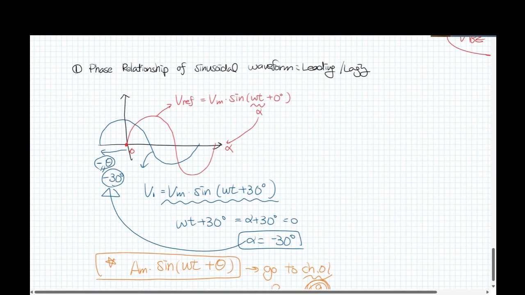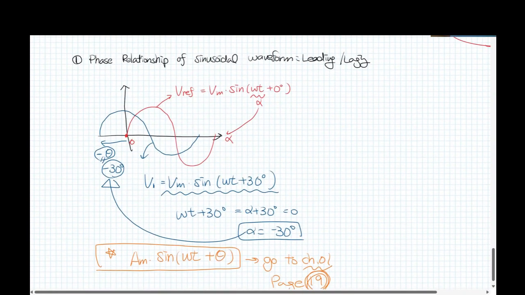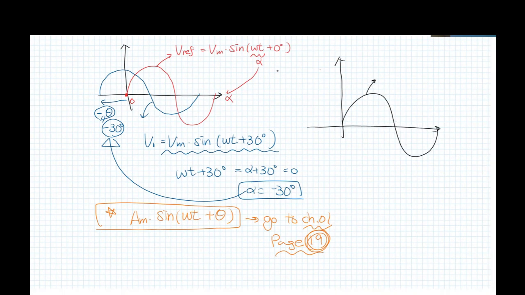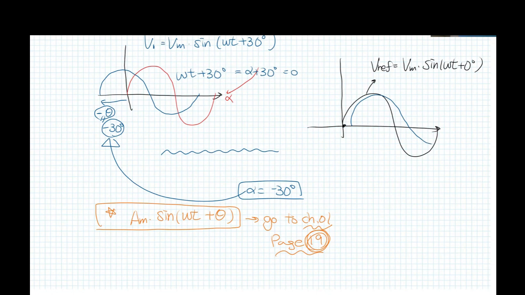So the other one is, let's say, this is the reference. Same thing, V sub m sine omega t plus 0, because the starting point is going to 0. So this one here, the wave is later than the reference voltage at the ending point of the period, so it shifts to the right.